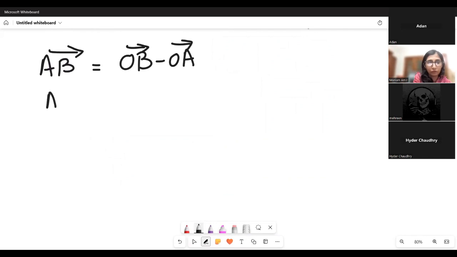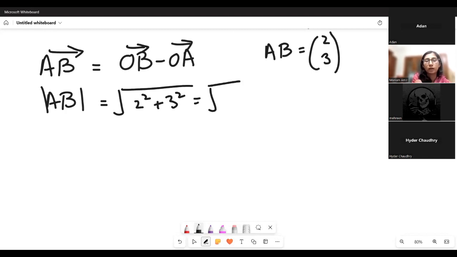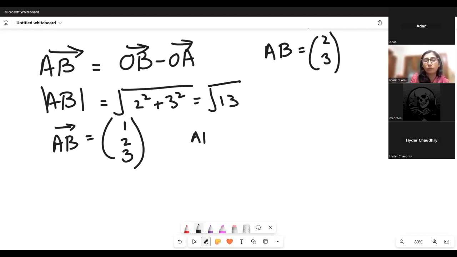Again, from O-levels, you know that if AB is (2, 3), then the magnitude of AB is the square root of 2 squared plus 3 squared, which is root 13. Similarly now, if you have AB equals (1, 2, 3), then the magnitude of AB would be the square root of 1 squared plus 2 squared plus 3 squared.